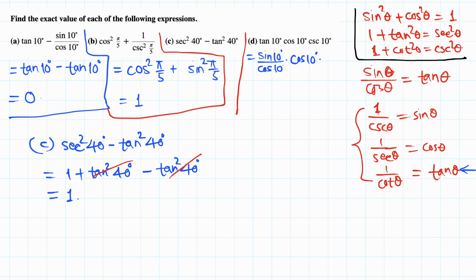So cosecant is 1 over sine. Now let's look at what we can do here. Cosine 10 on the top and bottom cancel, and sine 10 on the top and bottom cancel. So nothing is left, which means 1. That's the final answer for this.